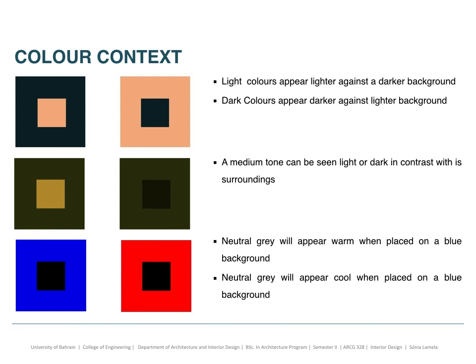Neutral gray will appear warm when placed on a blue background and will appear cold when placed on a blue. So there's a mistake here in the slide. The black square will appear colder if it's within a cold color, and of course it will appear warmer if it's against a warm color.